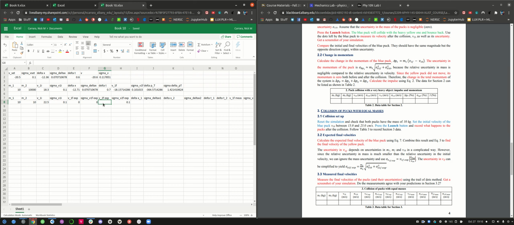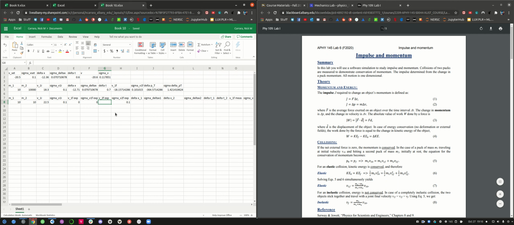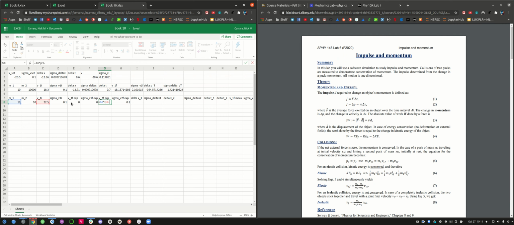And this should really be equal to, just using conservation of momentum here, V2 final is just going to be equal to m1 times v1 initial minus v1 final divided by m2.